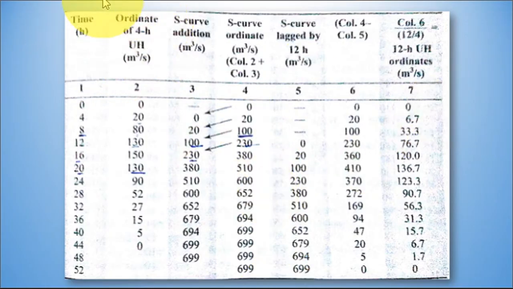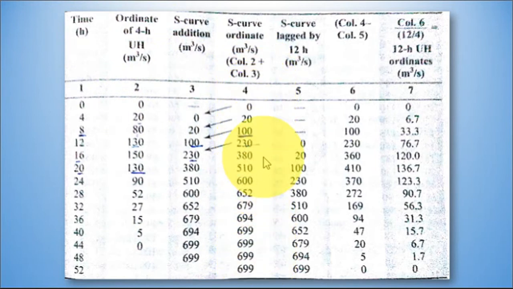What are the columns? See here, time of the given unit hydrograph is given, and ordinates of the 4-hour unit hydrograph are given for 0, 0; 4, 20; 8, 80; 12, 130; 16, 150; 20, 130; 24, 90 and so on. So here we first have to find the S curve addition by the earlier equation that we have seen. Then by adding column number 2 and 3 we will get the ordinates of the S curve hydrograph.